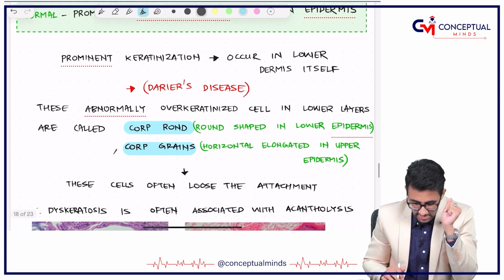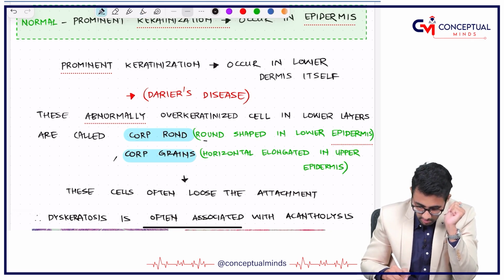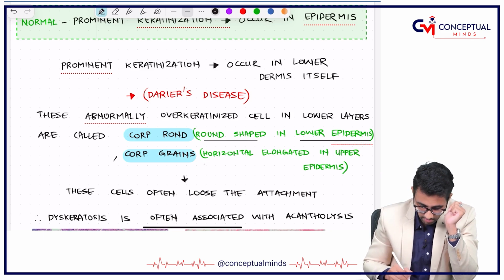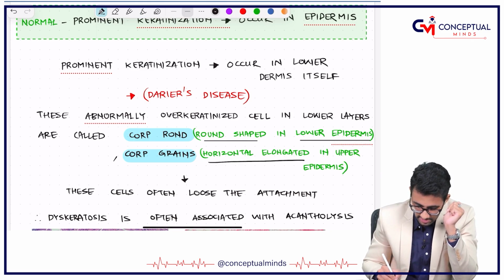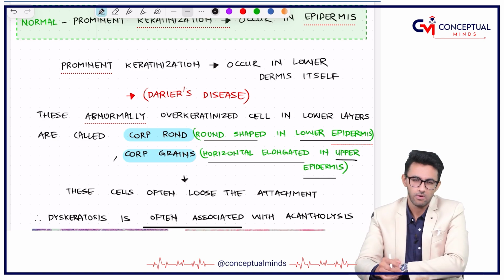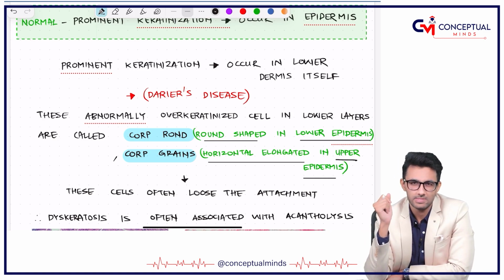Corps ronds are round shaped cells in the lower epidermis, and corps grains are horizontally elongated cells in the upper epidermis. These are the histological findings, and we will be reading more about Darier's disease as well.